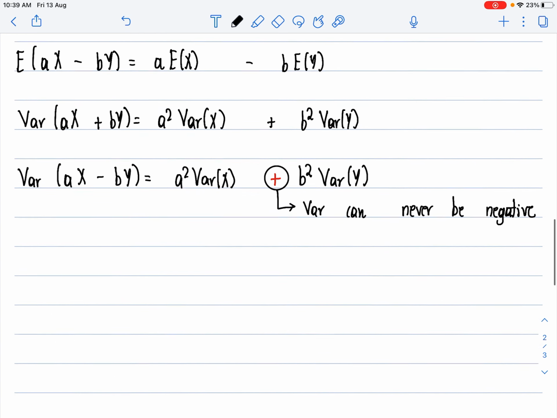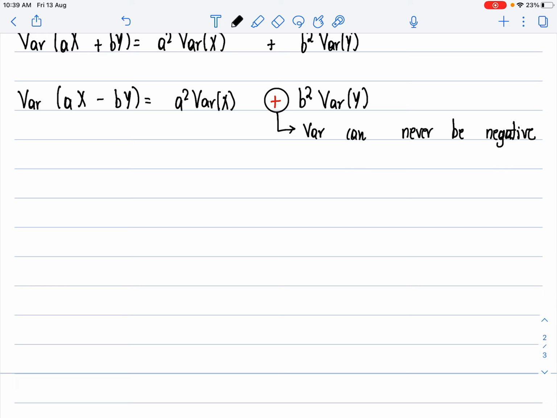So now let's do a basic example. Let's say they give you the E of X, which is equal to 10. They give you the E of Y, which is equal to 8. They give you the variance of X, which is equal to 5, and the variance of Y, which is equal to 6.